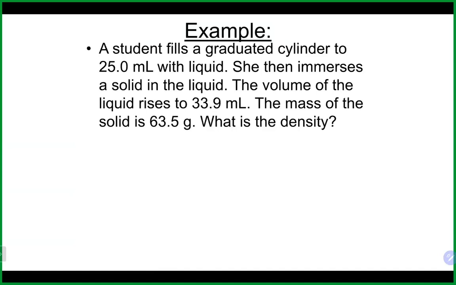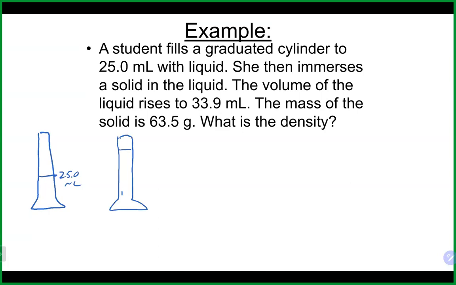All right, so let's try one here. A student fills a graduated cylinder to 25 milliliters of a liquid. She then puts a solid in it. Okay, so looking at this, very similar to what we did. We have an initial volume in our graduated cylinder, 25 milliliters. We're going to take a solid and put it in, and that gives us a final volume of 33.9 milliliters.